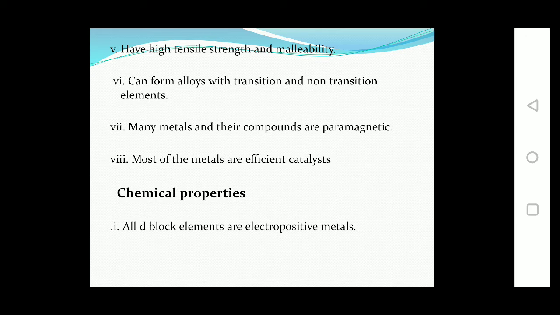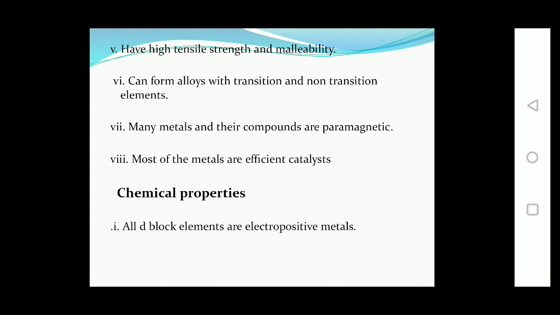Now we'll see the chemical properties. These are typical electropositive metals. All d-block elements are electropositive. When we say metals, they are electropositive, that means they are donors. They always form positively charged ions.